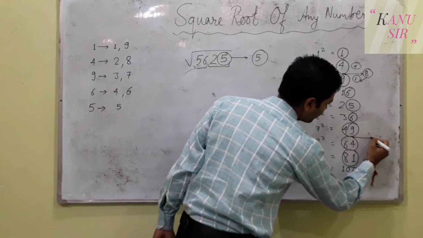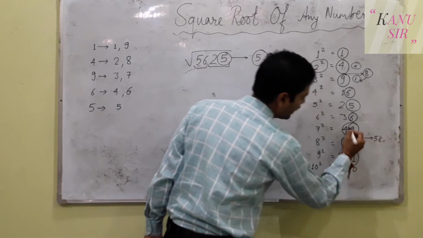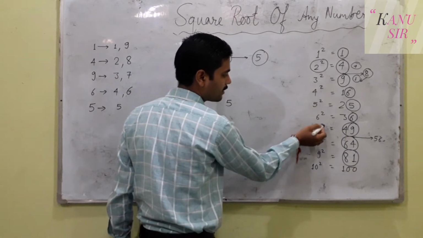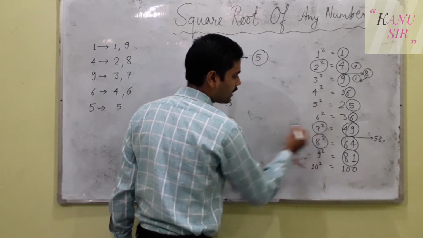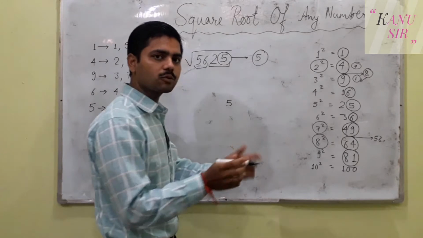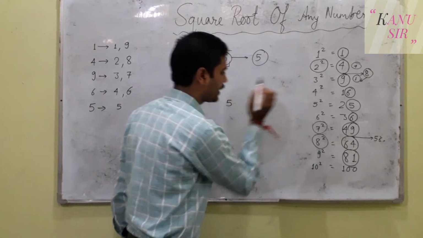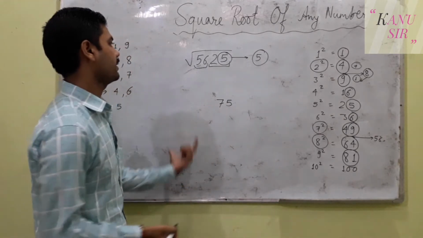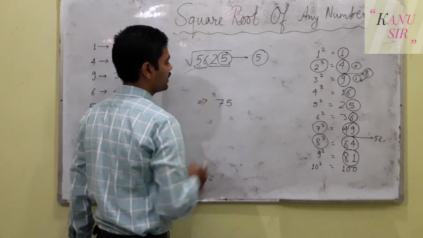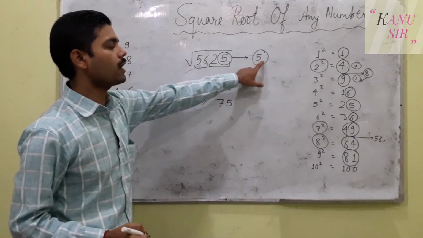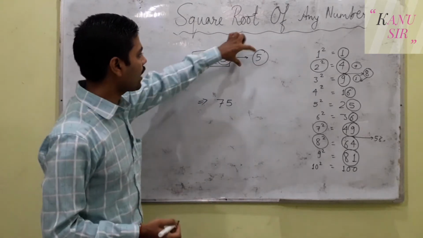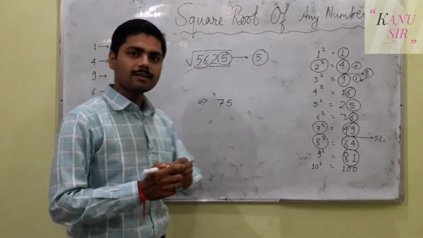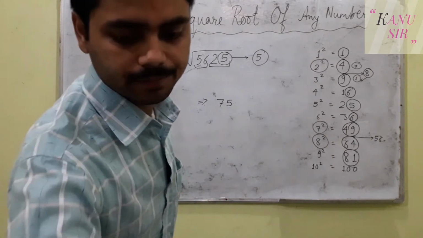Here 56 lies between 49 and 64. It means the answer contains either 7 or 8. But I have said we have to take the smaller number, so we will take 7 here. And automatically the answer is 75. It is because we just have one option to select. If we have two options, then there will be another process. For that, let us take one more example.